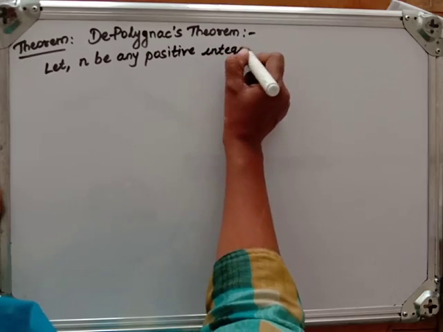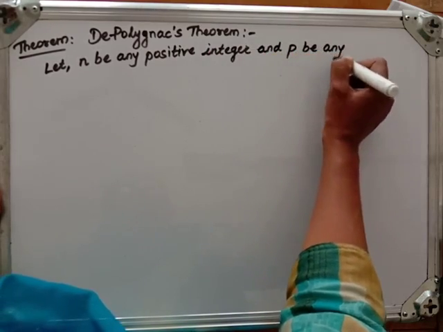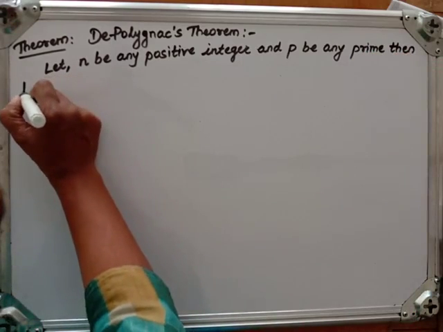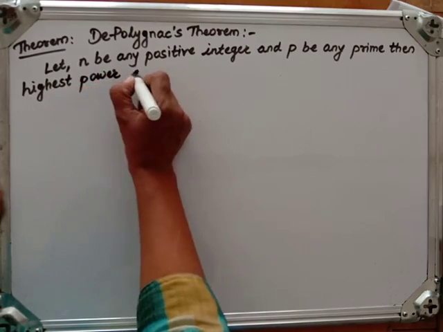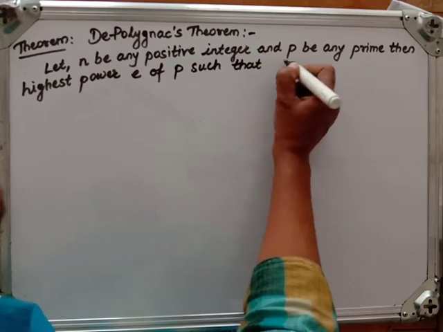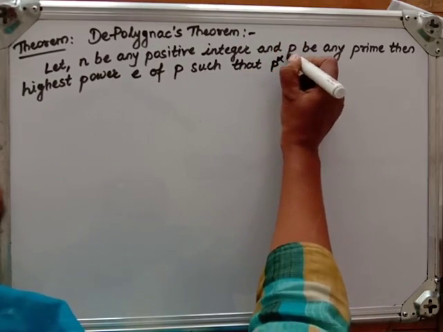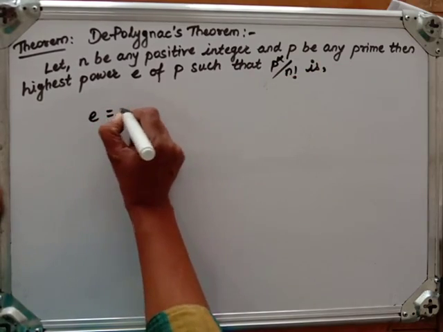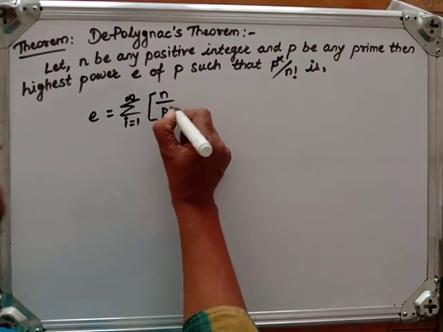Now, what the theorem says, let n be any positive integer and p be any prime, then the highest power E of p such that p raised to alpha divides n factorial is E equal to summation i from 1 to infinity of greatest integer function of n upon p raised to i.